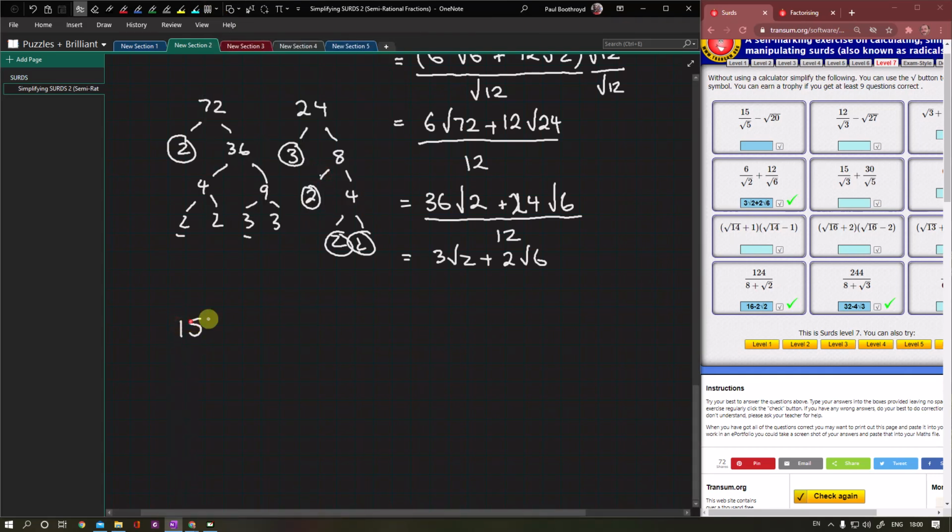So I've got 15 over root 5 minus square root of 20. And what I can do is, I want to get rid of this root 5 on the bottom there anyway. So I've got 15 square root 5 over 5 minus square root of 20. Cancel there.